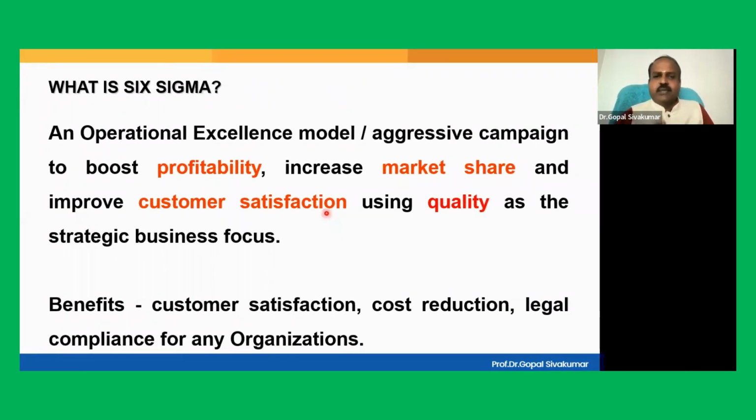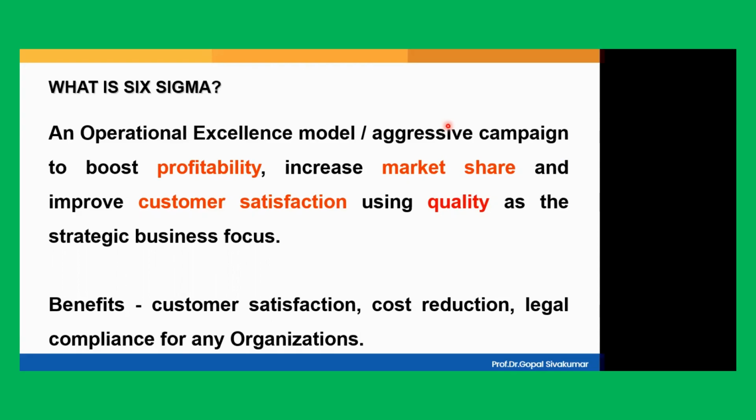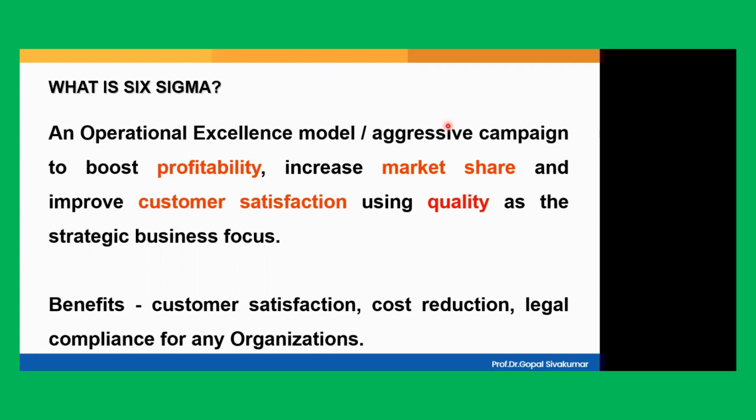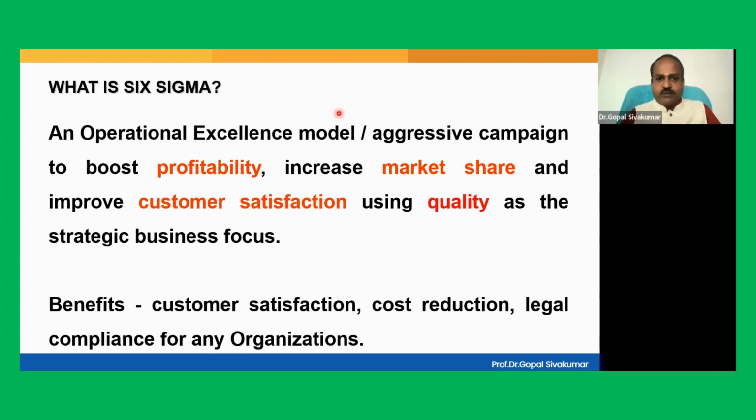So what is Six Sigma then? Six Sigma is an operational excellence model. Six Sigma is an aggressive campaign. Aggressive campaign means everyone in the company is working towards a single goal. Like all of us here, we are going to work for 1 month. What is our focus?